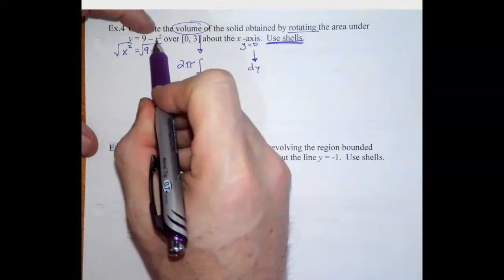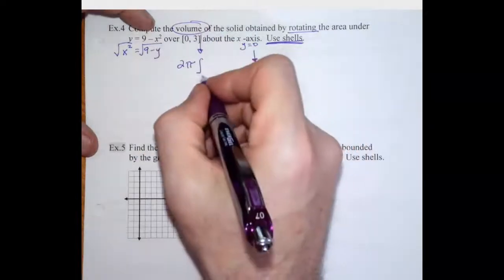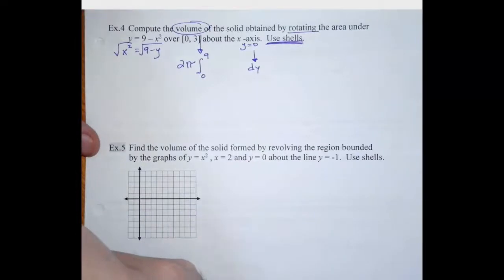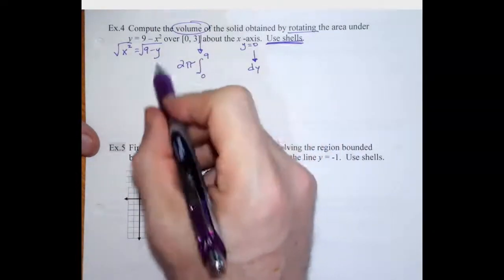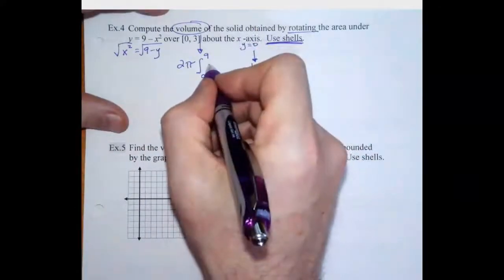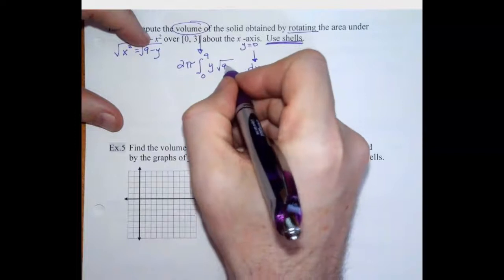So if you plug in 0 here and 3, we're going to be going from 0 to 9 on y. And then the next thing we plug in is the distance from the x-axis to y. So that's going to be y. And then our function is what we got right here, which is 9 minus y.